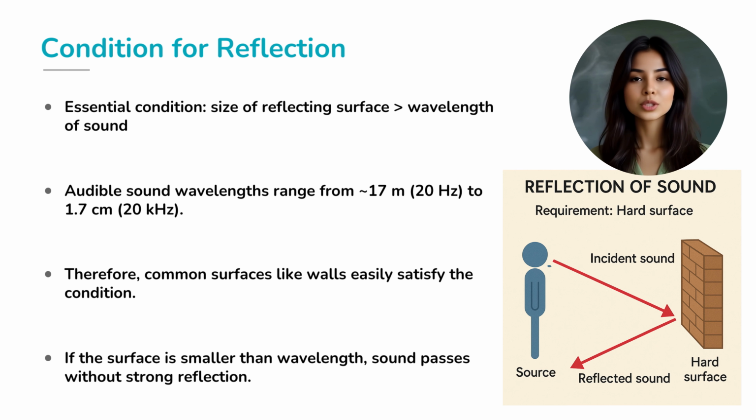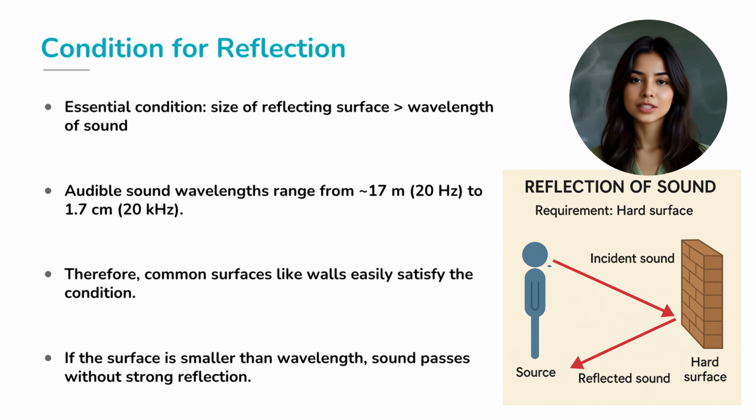Here comes the important condition for sound reflection: the size of the reflecting surface must be bigger than the wavelength of the sound wave. Now remember, wavelength is equal to velocity divided by frequency. Since the speed of sound in air is about 340 meters per second, audible frequencies from 20 Hz to 20,000 Hz give wavelengths between about 17 meters and 1.7 centimeters.